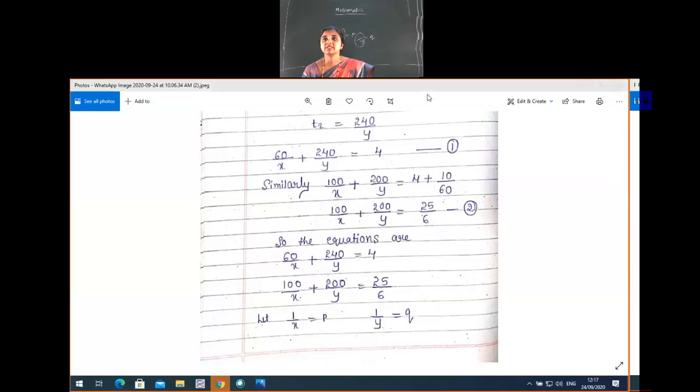Now just observe that the two equations together are 60 by x plus 240 divided by y is equal to 4, and the other equation is 100 by x plus 200 by y is equal to 25 by 6. Now we got the two equations. This is a pair of linear equations in two variables.